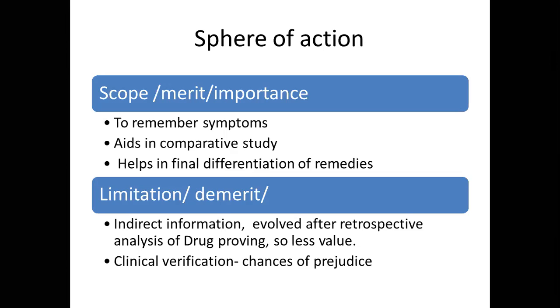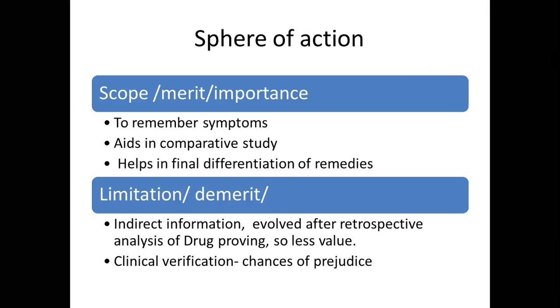So just by comparing the disease affected and the sphere of action, you can eliminate in this case 3 remedies, Rhus tox, Ruta and Bryonia, and now there will be only 2 remedies, Podophyllum and Aloes. So this is how the sphere of action will help you very much in the final differentiation of remedy also.